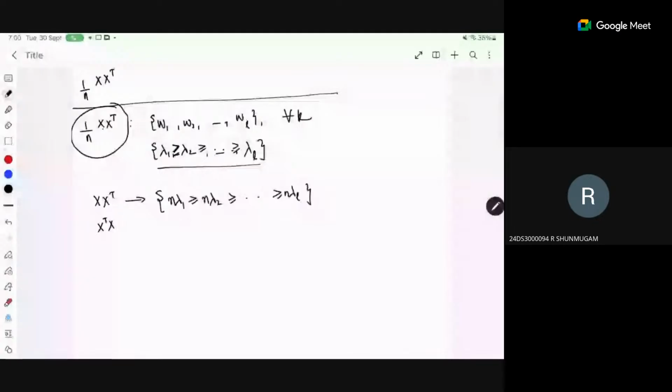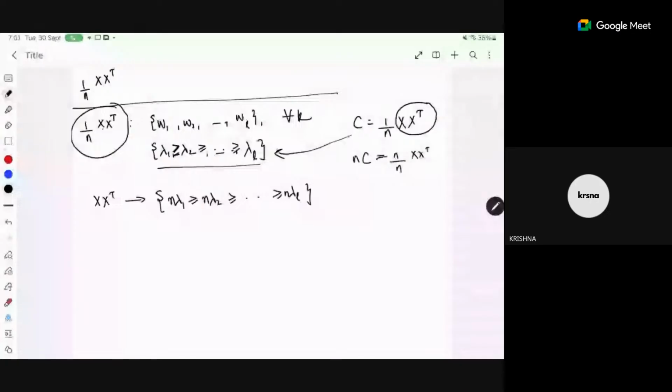Why is the eigenvalue n times in this case? Because your C is 1 by n XX transpose, and the eigenvalue for C we have taken to be this. Now if you do n times C, you want the eigenvalue for XX transpose, so you are multiplying n on both sides.